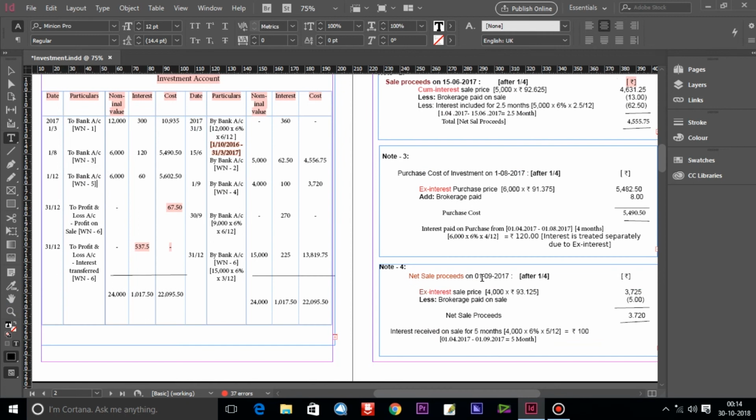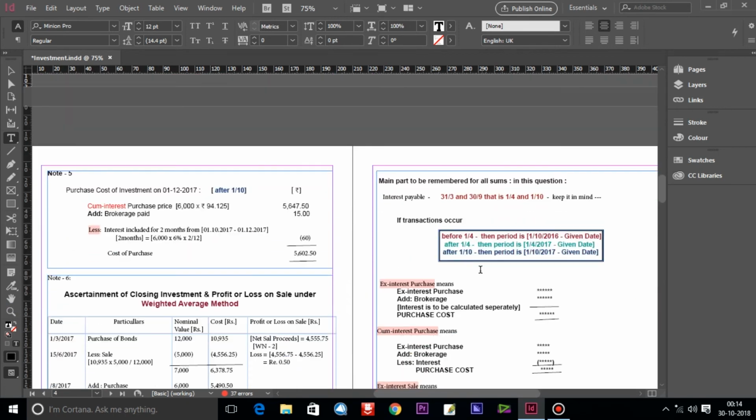That is 6,000 into 6% into 2 by 12, only rupees 60. And you have to deduct the interest amount, rupees 60, and you have to add brokerage at the same time, 15 rupees, because it is a cum interest.